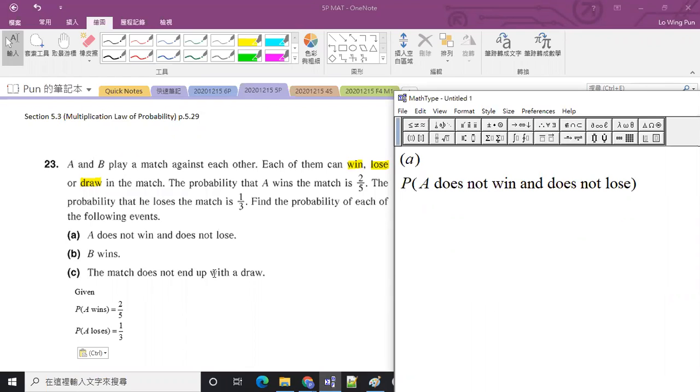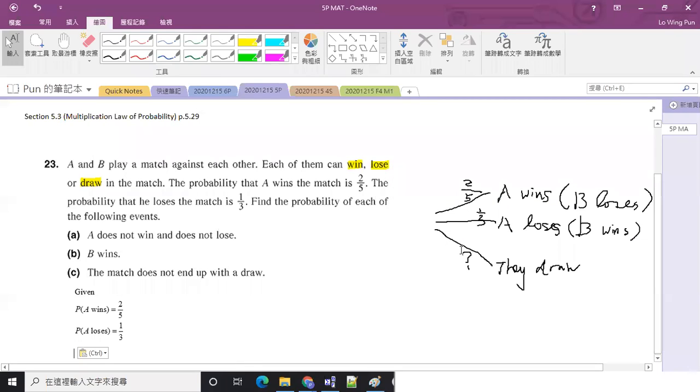Neither wins nor loses, what does that mean? There are only 3 possibilities in this world: either win, lose, or draw. If A neither wins nor loses, that means they draw. That is P(they draw), the question mark we are trying to find. But we only have these two numbers. But we know that there are no other possible outcomes other than these three outcomes.